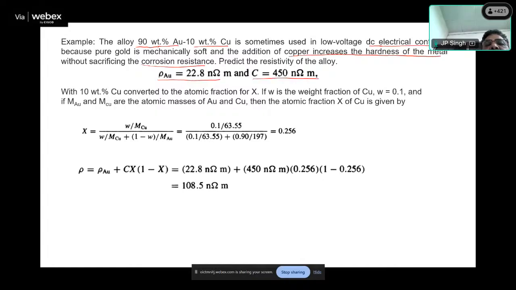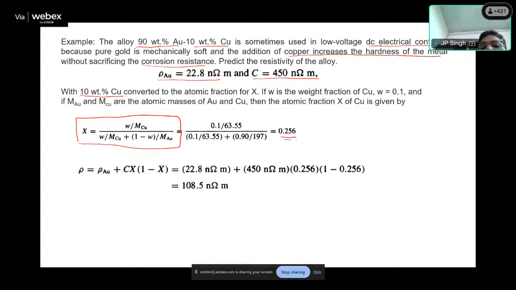Suppose we would like to know the resistivity of this alloy, 90% gold with 10 weight percent of copper. I know the resistivity of gold. So how do we determine it? First of all, we need to convert the 10 weight percent of copper into the atomic fraction, using this formula. I think most of you know how to convert weight percent into atomic fraction.